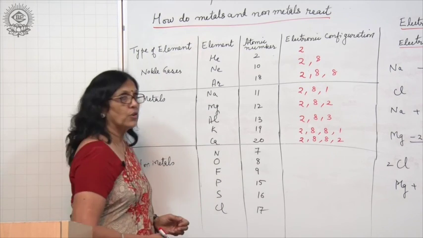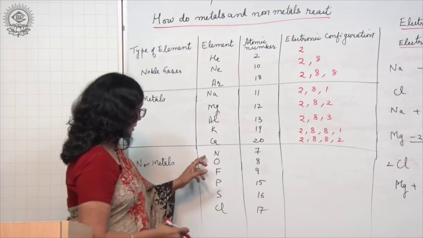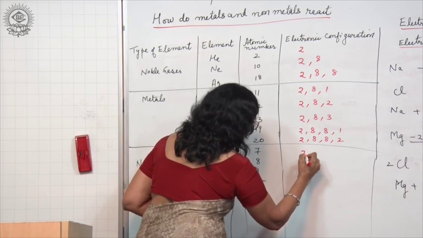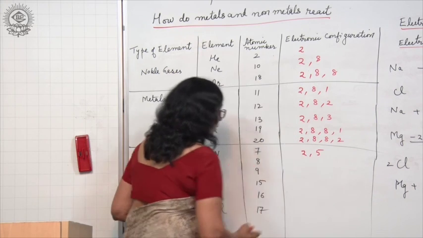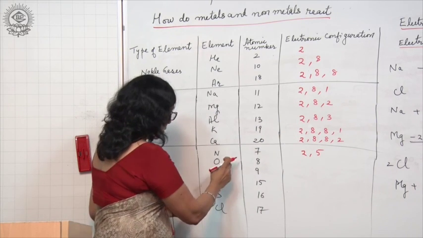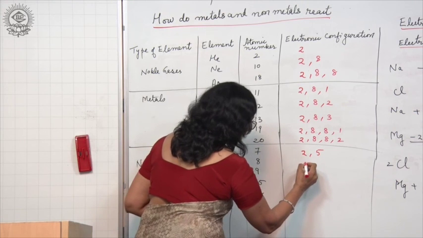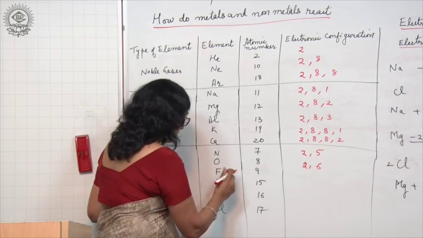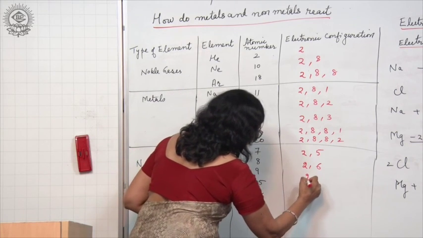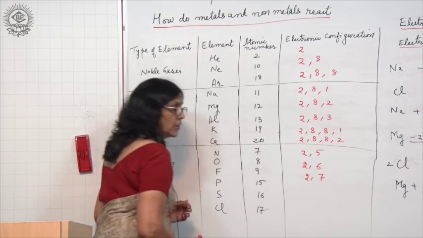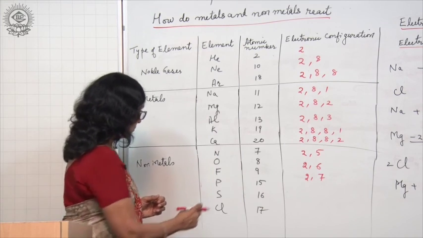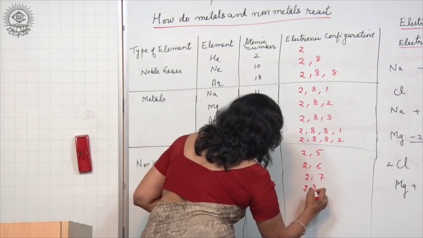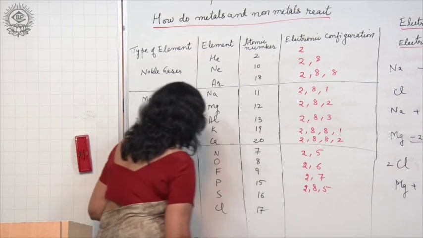Let us take the case of nonmetals. Nitrogen has 7 electrons, so its electronic configuration is 2, 5. Oxygen has 8 total electrons, electronic configuration is 2, 6. Fluorine has 9, electronic configuration is 2, 7. Phosphorus 15, its electronic configuration is 2, 8, 5.